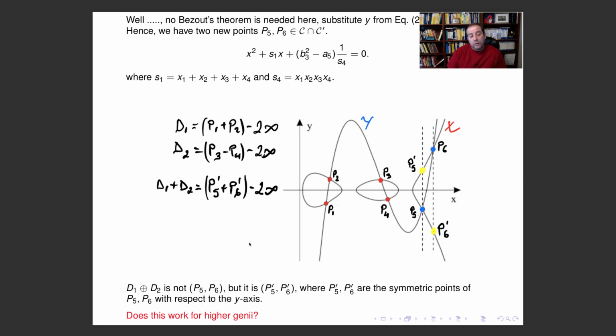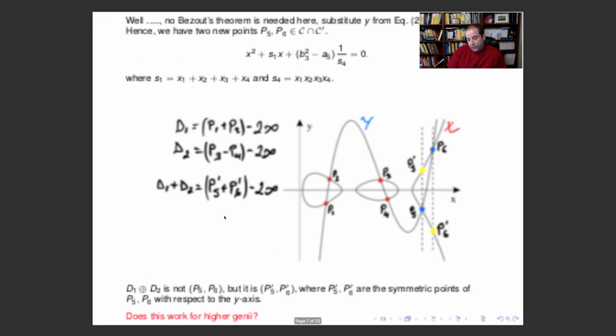And what we know is that d1 plus d2 will be determined by p5 prime and p6 prime. This is how it works in genus 2.